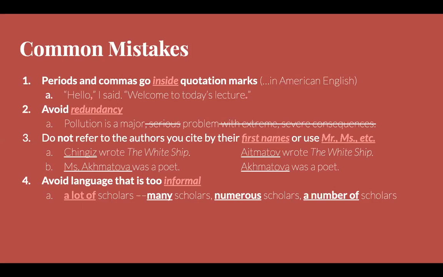You can use it with your friends when you're talking, but in an essay, I would avoid it. So some alternatives would be many scholars, numerous scholars, or a number of scholars. There are a lot of synonyms for a lot of. These are three that I would recommend that are appropriate for an academic piece of writing.